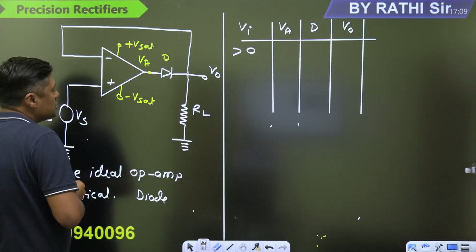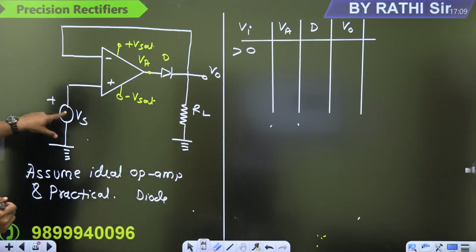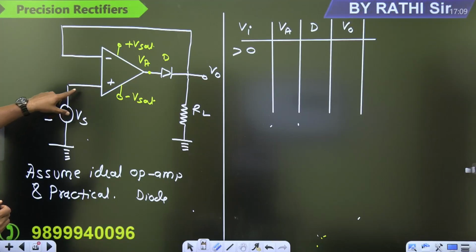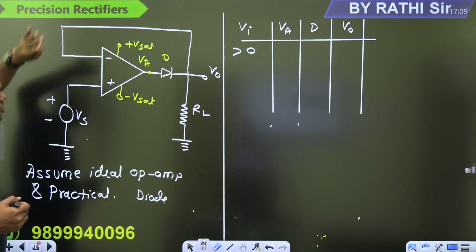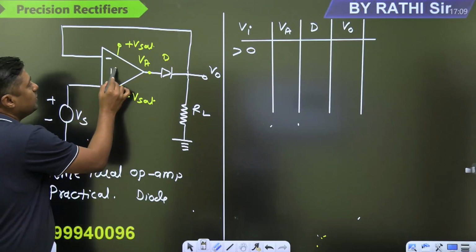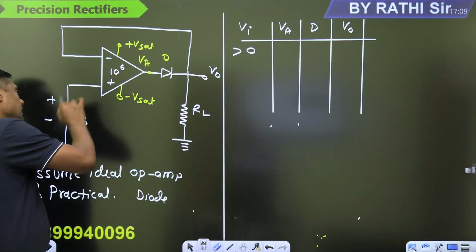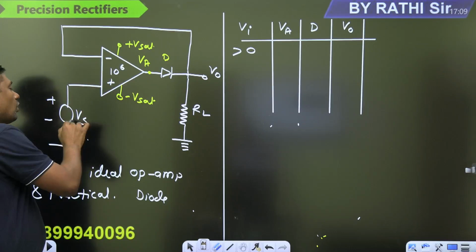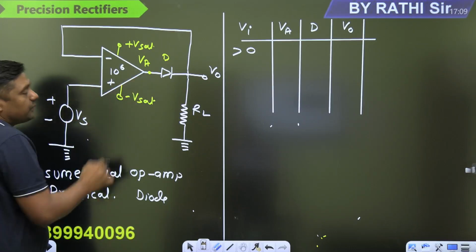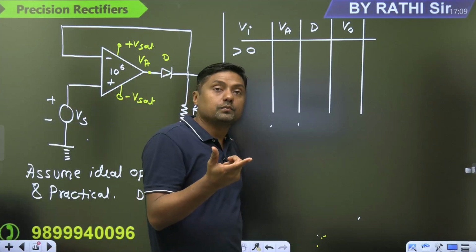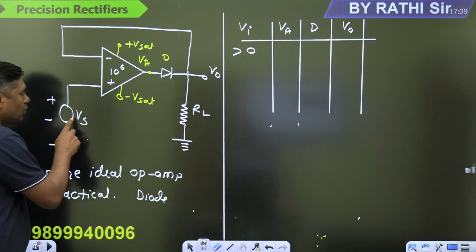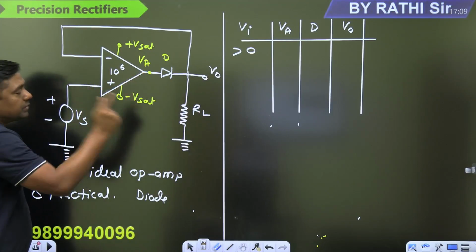When this loop is open, we are giving the positive half and increasing the voltage. The operational amplifier is open loop. The gain is very, very high, 10 to the power 6. We are increasing the voltage in the range of microvolts. But what is VA? VA will also increase, in the range of volts. We are giving 1 microvolt here. Here it is increased by what?